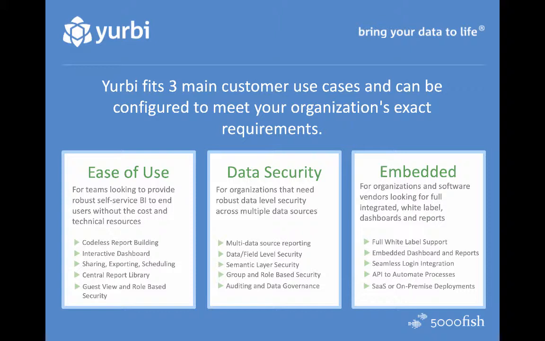So there's a field level or data level of security that is required before you open up that database or that application. For a multi-tenant software provider, it's essential that you never let customers see other tenant-level information within your product. So we'll cover that use case and the Yurbi features related to data security.